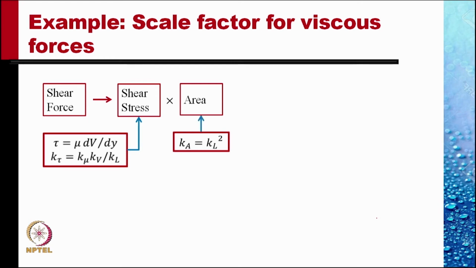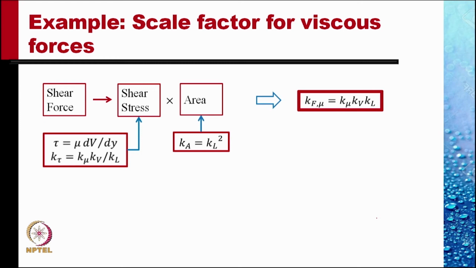K area, we have discussed earlier, is Kl square. So from this, we get the scale factor for viscous forces, K sub F comma mu. The scale factor for viscous forces is equal to K mu, the scale factor for viscosity, times the scale factor for velocity times the scale factor for lengths.